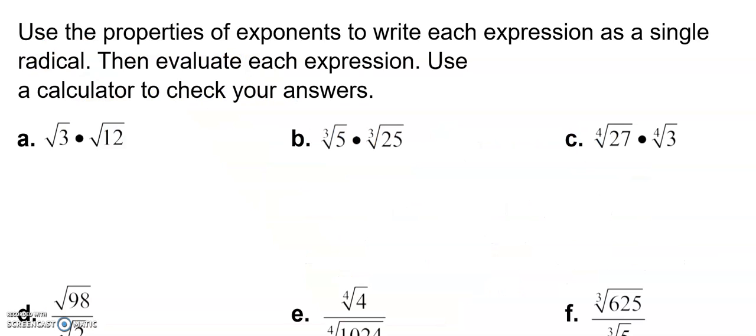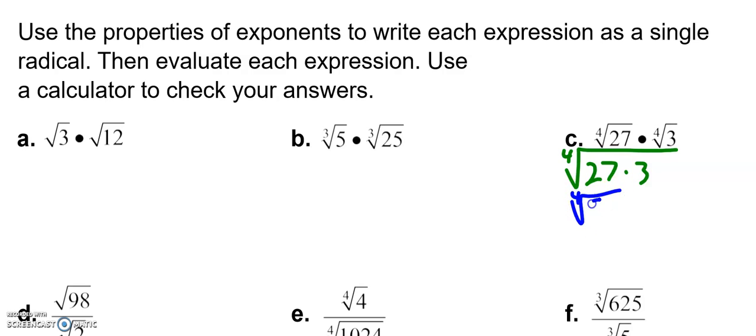Okay, let's do some examples. So we'll do a couple together again. Here I'm just going to jump right into, let's do C together. So the 4th root of 27 times the 4th root of 3, I know I can combine these, and here I'm showing you more work than what you actually need to show. So the 4th root of 27 times 3, which is 81.